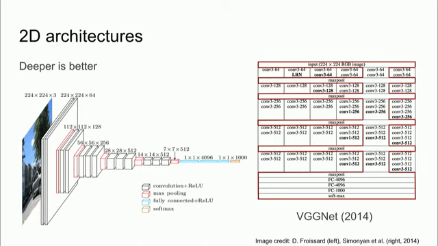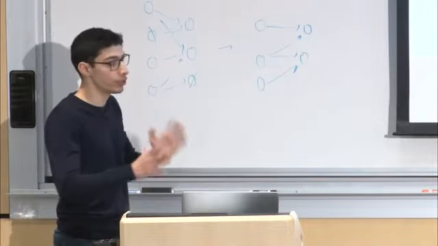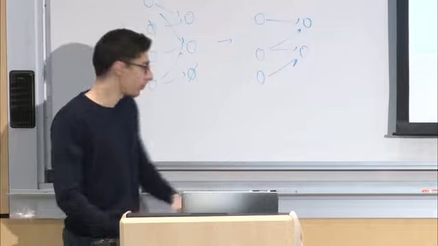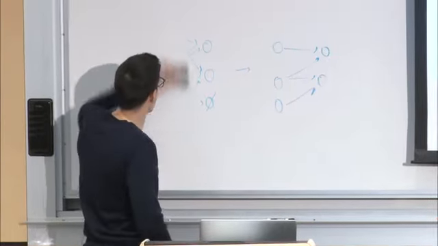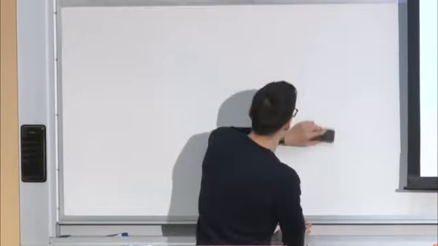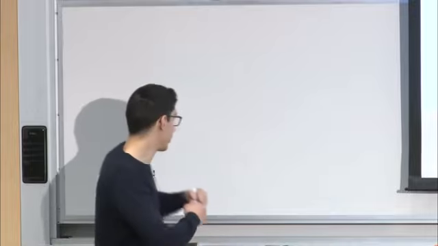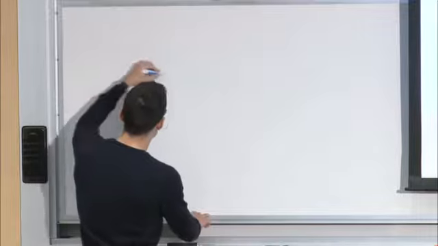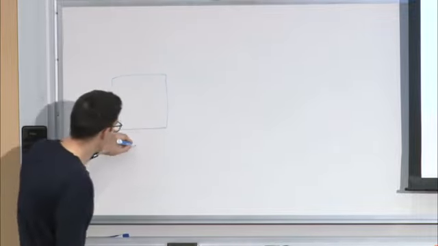And then, when we look at those filters, we can see that, in fact, stacking small filters together can be equivalent to using a bigger filter. And I'm going to show it to you right now. So for example, let's say that I'm stacking together two 3x3 convolutional filters. Let's say this is my input.